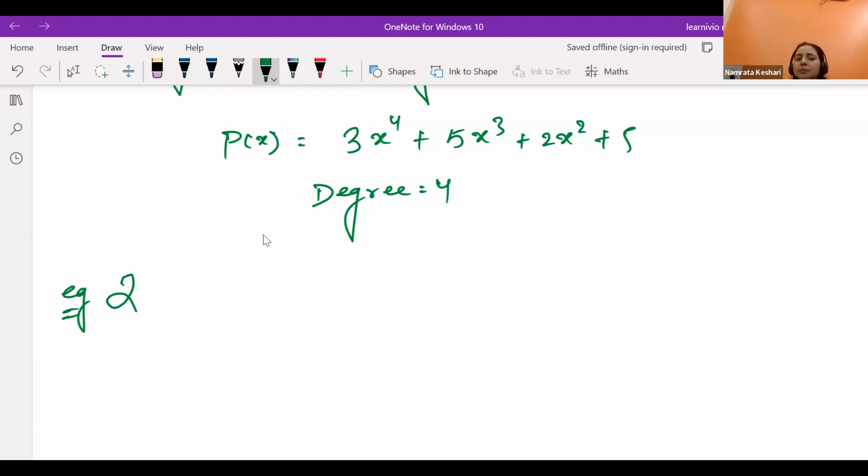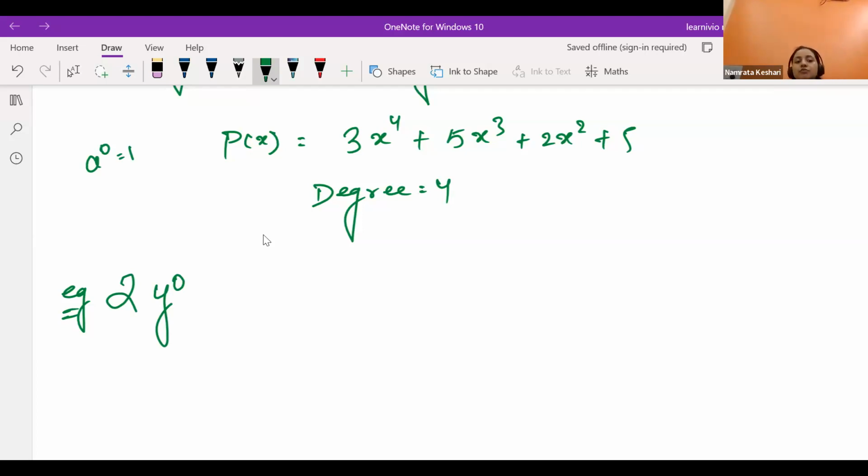So maybe any variable is there and its power is 0. In the exponents and powers chapter we learned a to the power 0 is 1. That means 2 to the power 0 is 1, 3 to the power 0 is 1, x to the power 0 is 1, y to the power 0 is 1.